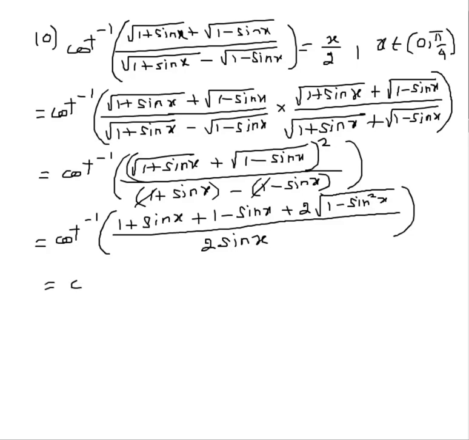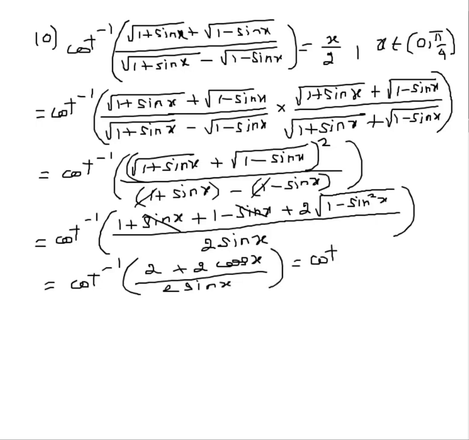Cot inverse of 1 plus 1 is 2. 1 minus sin square is cos square. Root of cos square is cos x. We can take 2 common and it gets cancelled with the denominator 2.